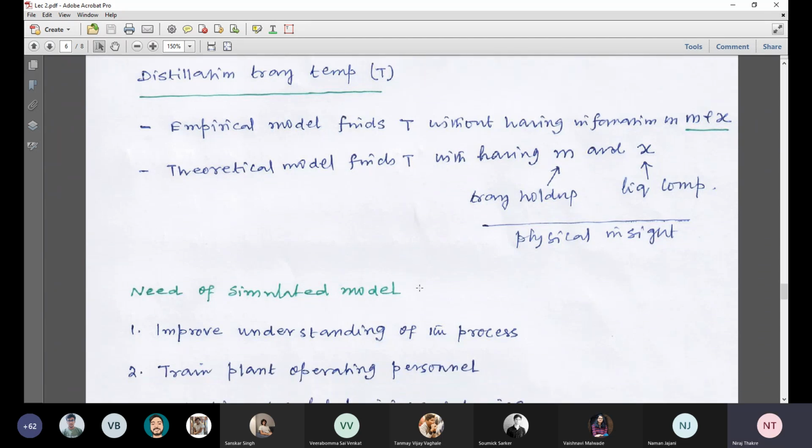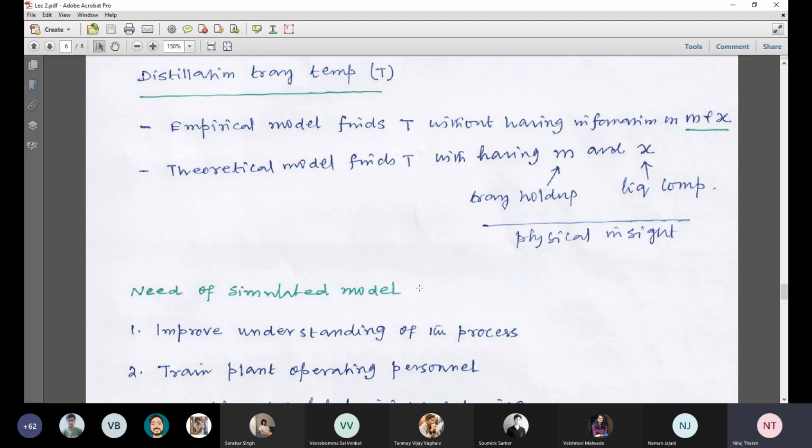Second one is train plant operating personnel. If you are going to join the process industry, first they will provide you training, and you are called trainee engineers. During that period, they introduce the plant dynamics, operation, safety, all these aspects by visiting the different units.